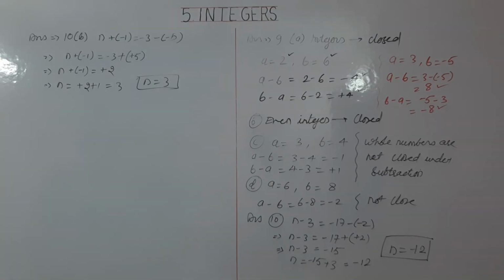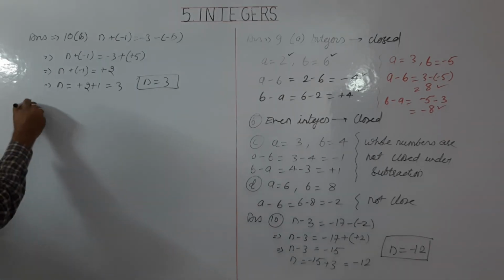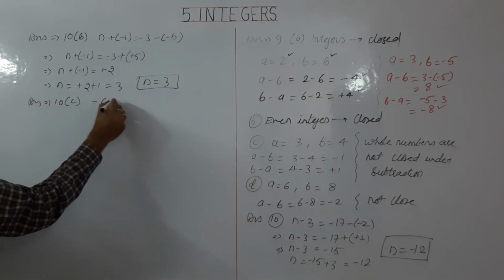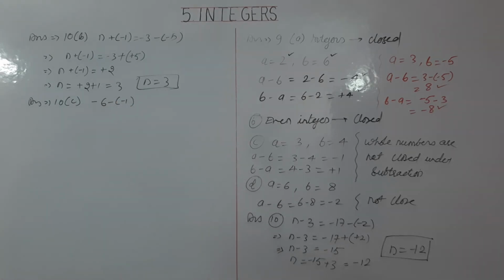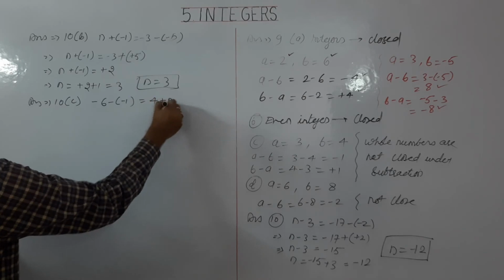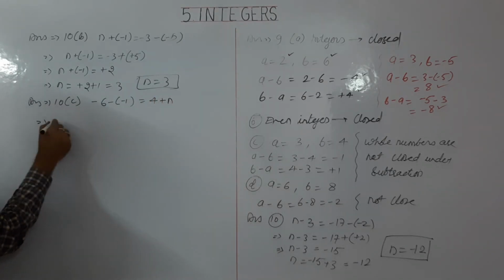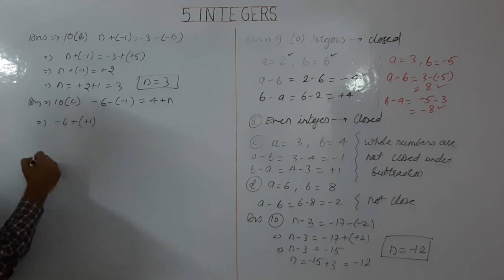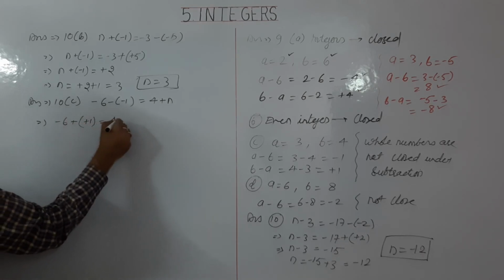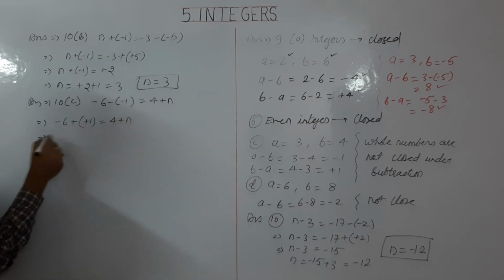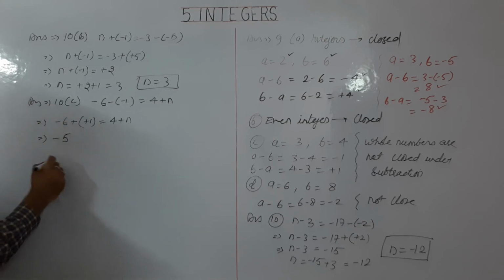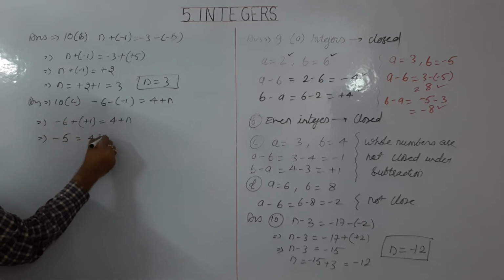Then part C, minus 6 minus minus 1 equals 4 plus n. Again, minus 6 plus, replace it, and opposite of minus 1, plus 1. So 4 plus n, then plus 1, minus 6 will be minus 5 equals 4 plus n.